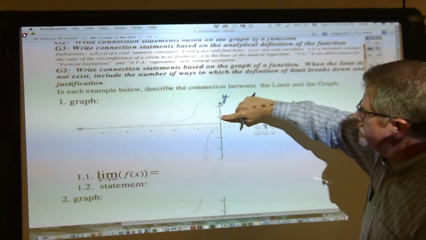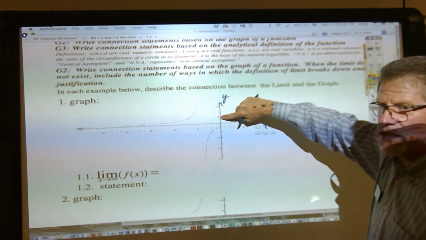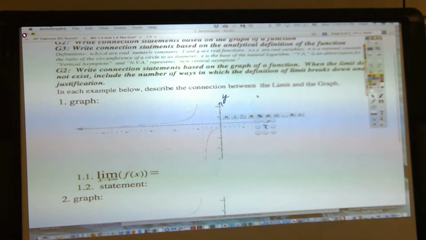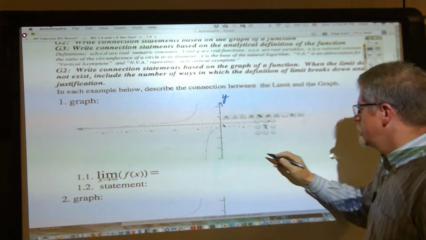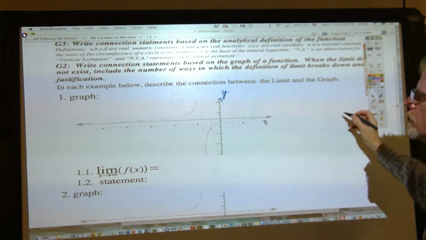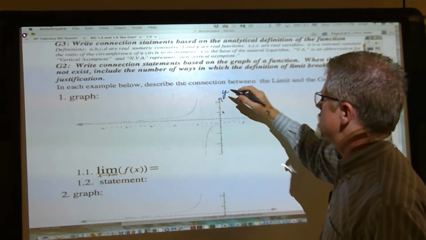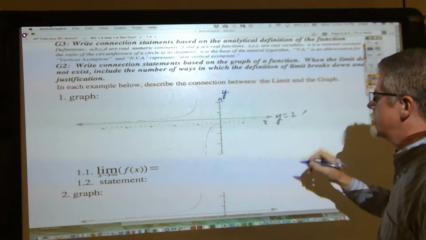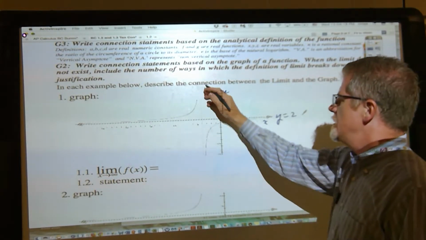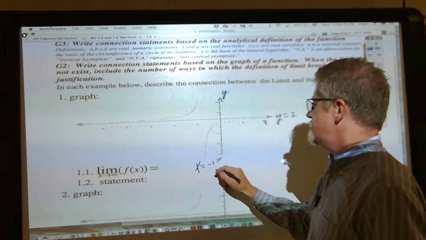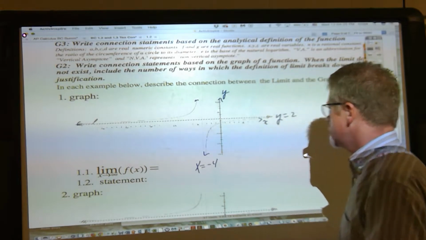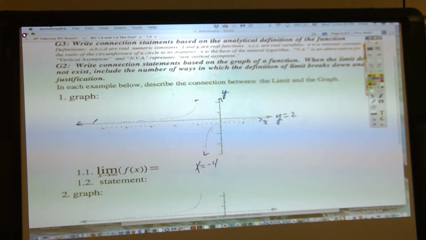Now, what number does that appear to be right there? Do you see a number on your paper? It's hard to read, isn't it? I believe that's a number 2. I'm pretty sure it's a 2. Yep, 5, 10. So we're going to call this the horizontal asymptote y equals 2. And this is the vertical asymptote x equals -4. So in case there's any trouble reading the graph, that's what this graph is supposed to represent: y equals 2, x equals -4.